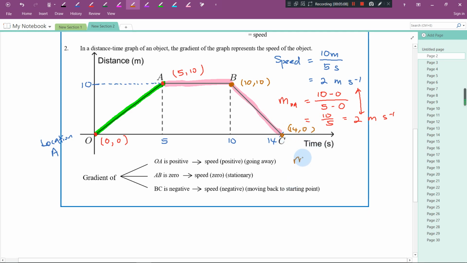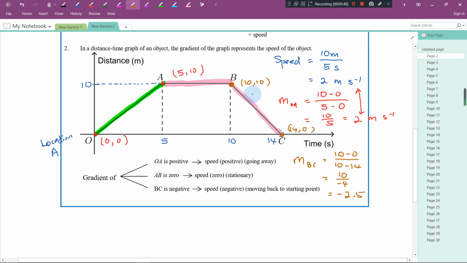If we want to find the gradient of BC, we know that the answer must be negative because this part is inclined downward, right? It is 0 minus 10 divided by 14 minus 10. So this is negative 10 over 4, and you should get negative 2.5.